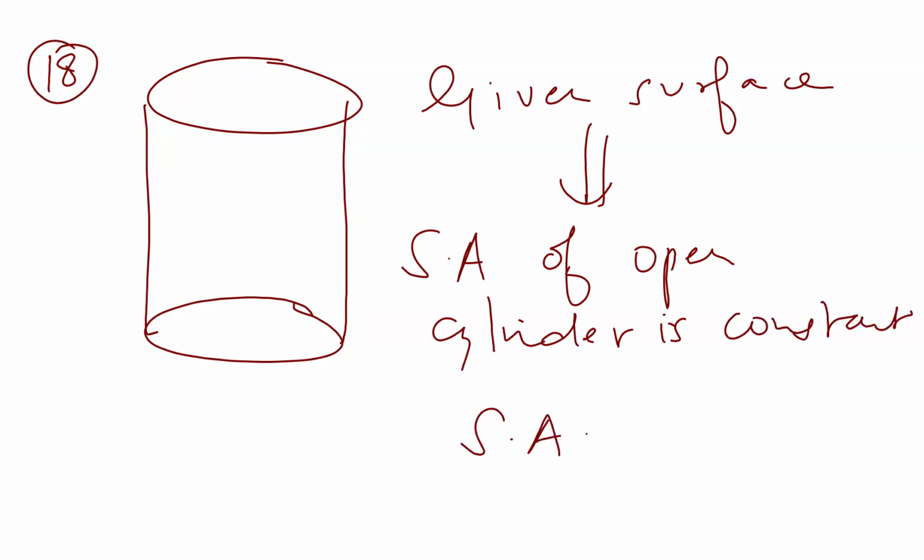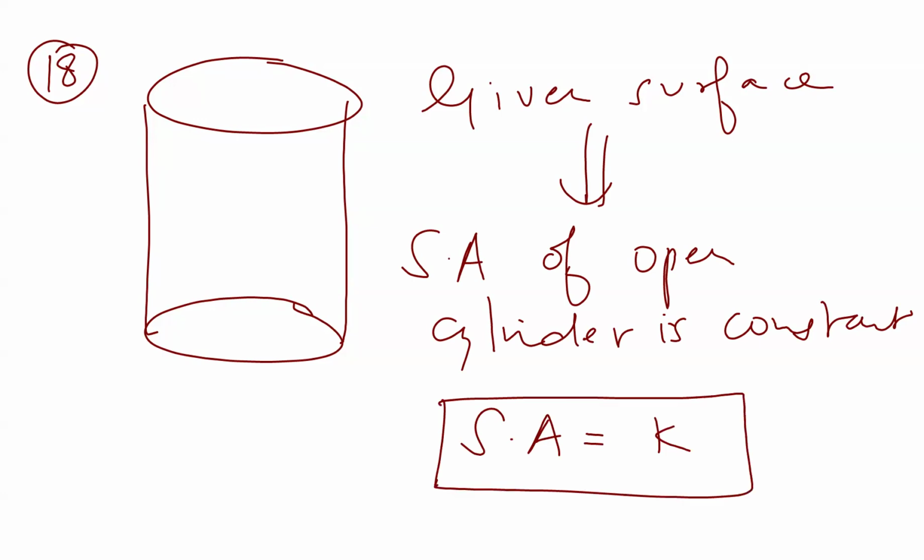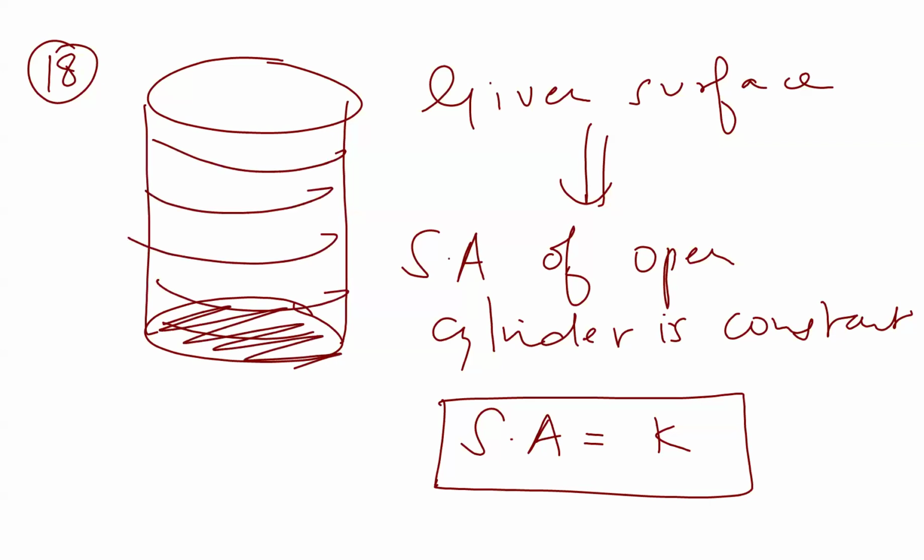So surface area is equal to K. Now when we speak about the surface area, it will be the curved surface area and the area of the base. We will not consider the area of the top because it's an open cylinder.